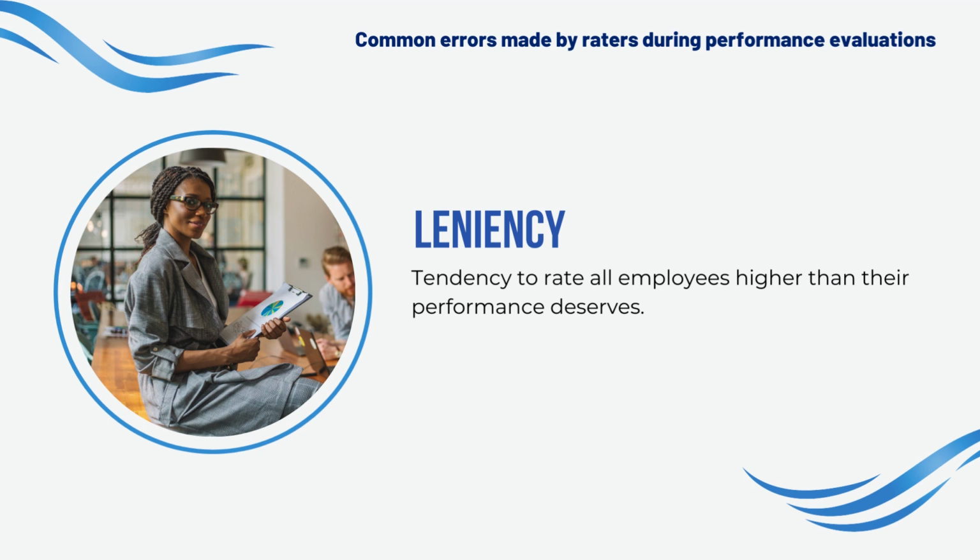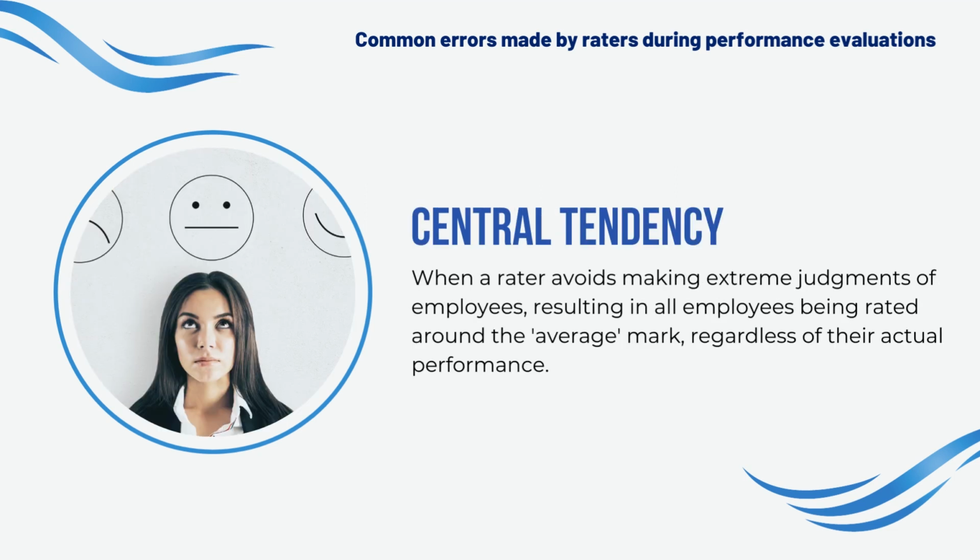So that's leniency. Next is the central tendency, also known as the rating of central tendency or a central tendency bias. Very common ito na cognitive biases that occurs during performance evaluation. This happens when a rater avoids making extreme judgment, both positive and negative, about the individual's performance.